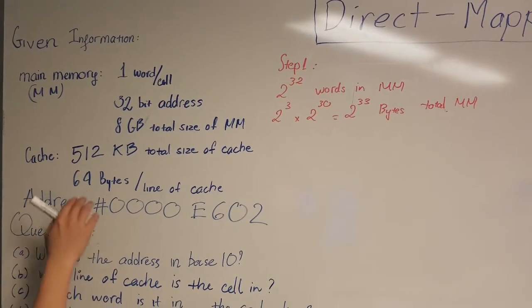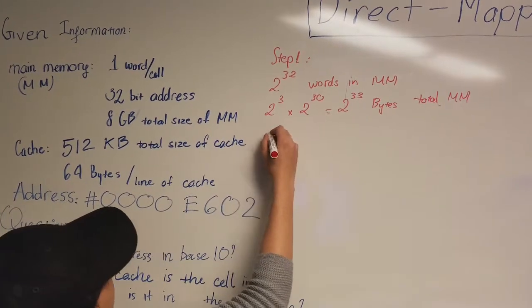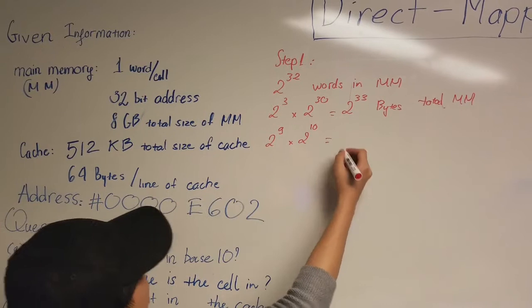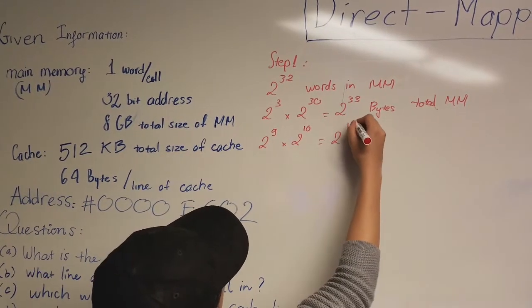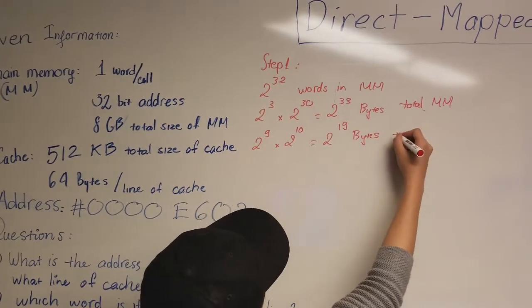And our cache, we have 512 KB total size of cache, which means 2 to the 9 times 2 to the 10, which equals 2 to the power of 19 bytes of total cache.